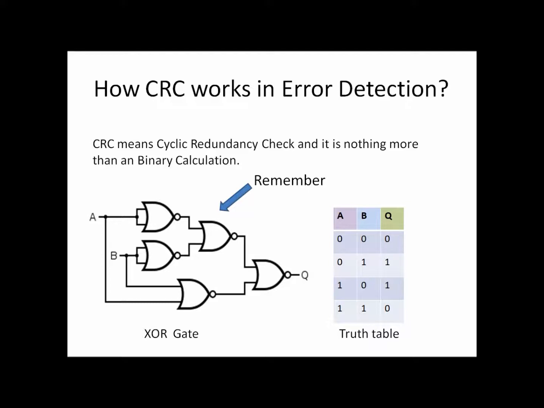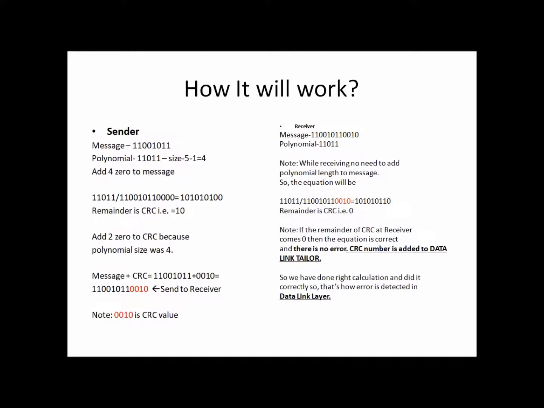If the inputs are different, the output is 1. That is how the CRC calculation is going to work.